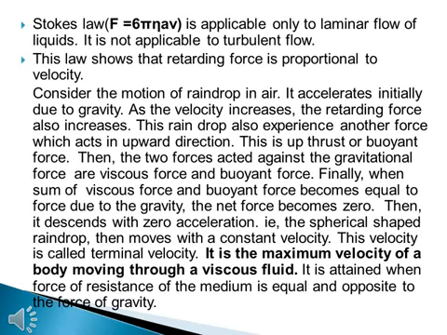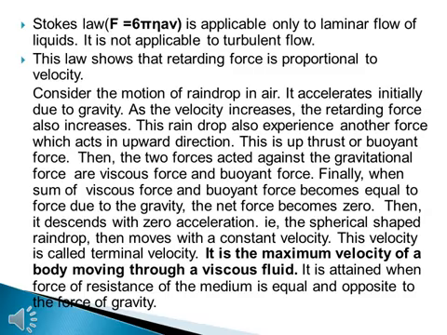Finally, when the sum of these two forces, viscous force and buoyant force, becomes equal to the force due to gravity, the net force experienced by the raindrop becomes zero. When the net force becomes zero, what should be the consequence?